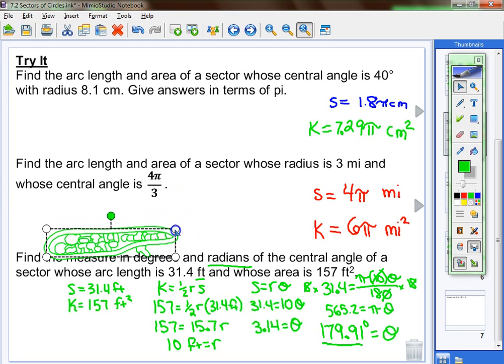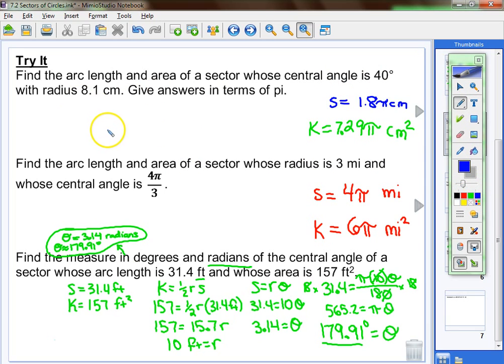Let me minimize this. And okay, so the first one, we need to find the arc length and the area of a sector, where the central angle is 40 degrees and the radius is 8.1. Give the answers in terms of pi.